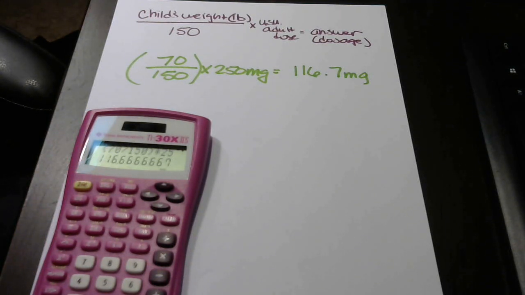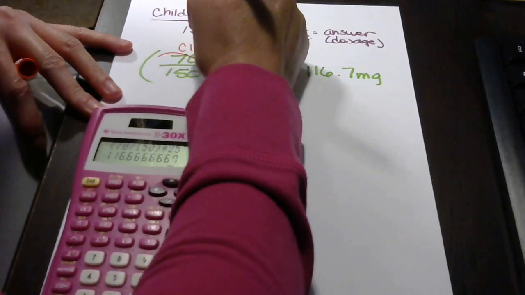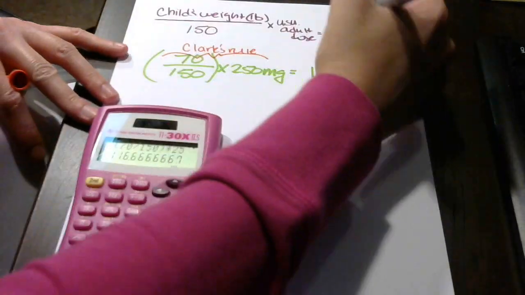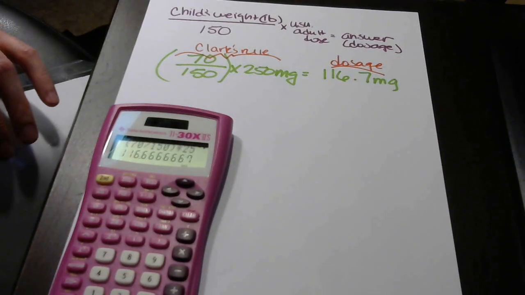Now it goes on to mention supply. So that tells us that we are going to want to plug this into one of the dosing calculations. In this case, it doesn't look like we need a conversion. So remember, Clark's rule is this equation right here. That's Clark's rule right there. And then that just gives us our dosage, which is this right here.